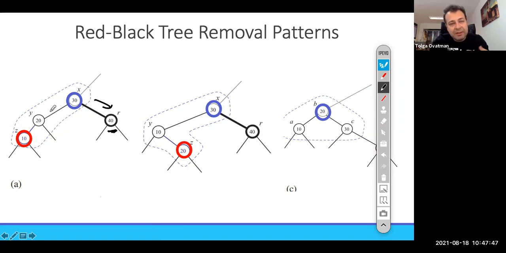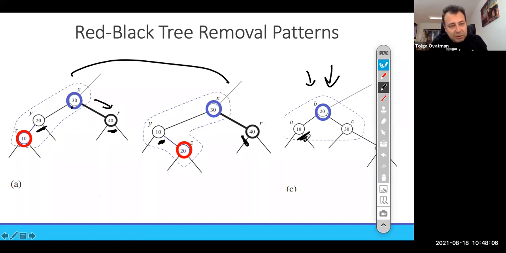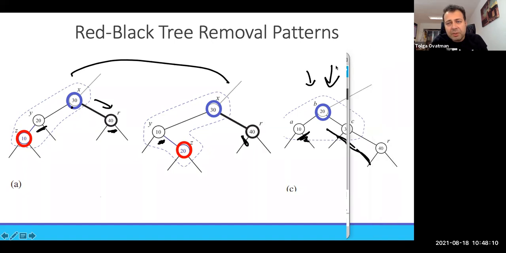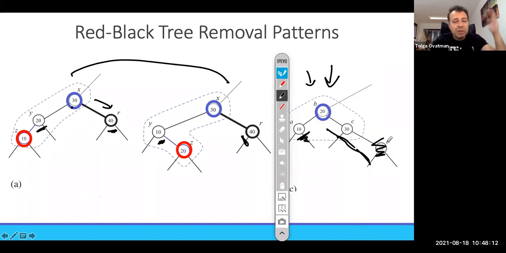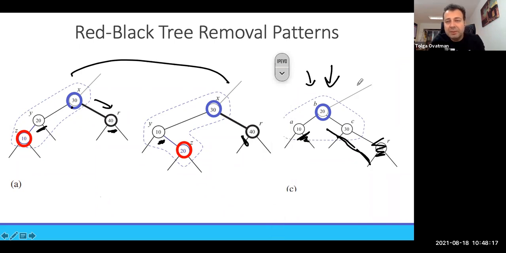Well, actually, to be honest, we do not reduce it, but we increase the number of black nodes on the right-hand side by 1. So what's different in this pattern from these patterns is, in here, there is a single black node on the left-hand side and a single black node on the right-hand side. In here, there is a single black node on the left-hand side, 2 black nodes on the right-hand side. So this is perfectly okay, because this one is going to go out. So this is one pattern.